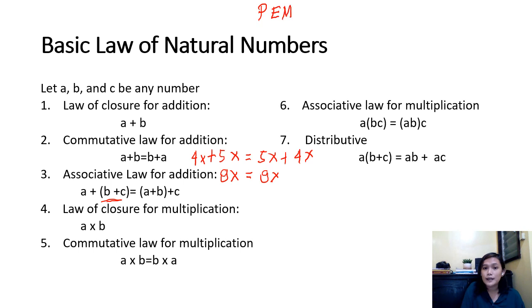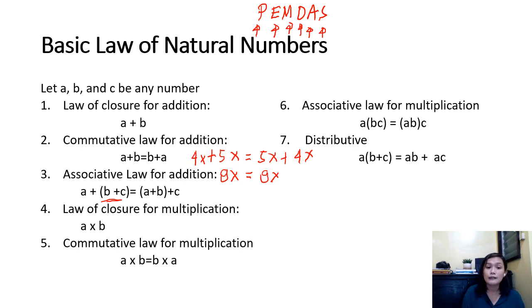So you need to do what's inside the parentheses first. Next is the exponent. After the exponent, you operate the multiplication, division, addition, and subtraction. We always remember our PEMDAS. So with the associative law for addition, you need to operate what's inside the parentheses first.